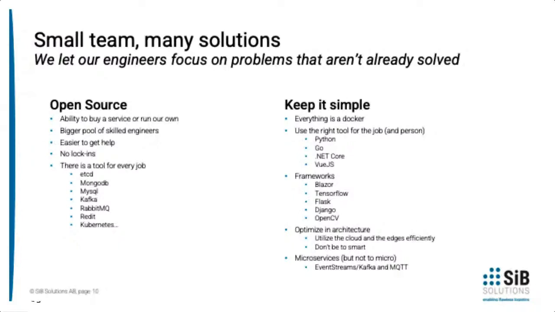And we use the best frameworks we can find for the problems we have. We use everything from Blazor, that's a .NET Core, C# framework that we use for UIs actually a lot.